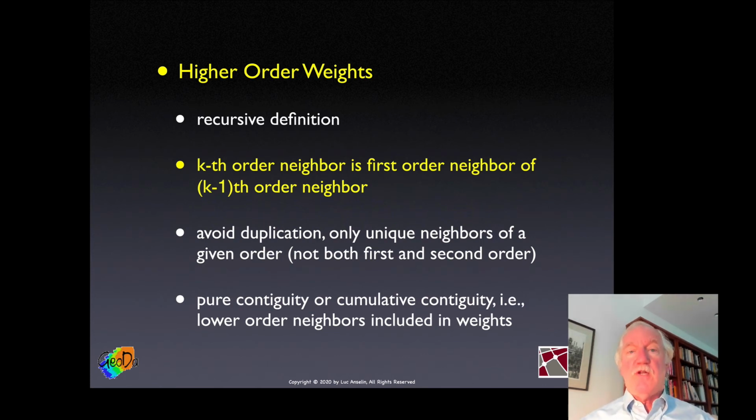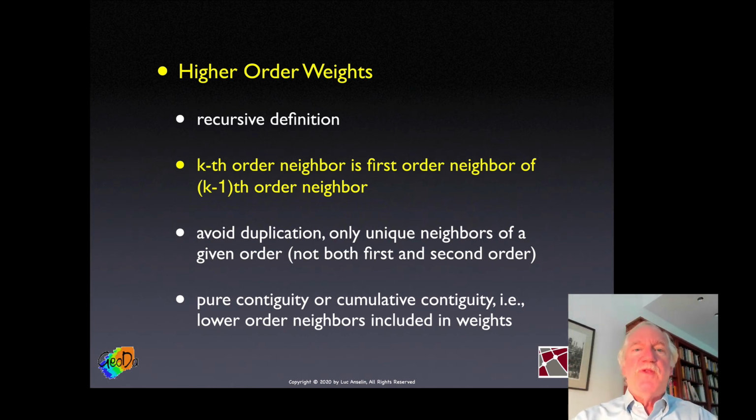So what is a second order neighbor? It's a first order neighbor to a first order neighbor. What is a third order neighbor? It's a first order neighbor to a second order neighbor. And so this is how we define higher orders of neighbors, further and further out.